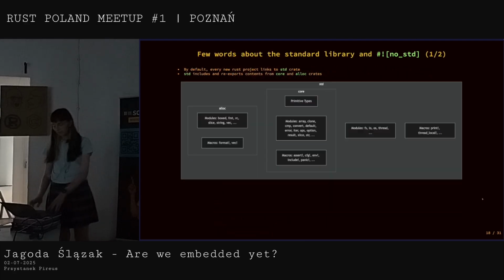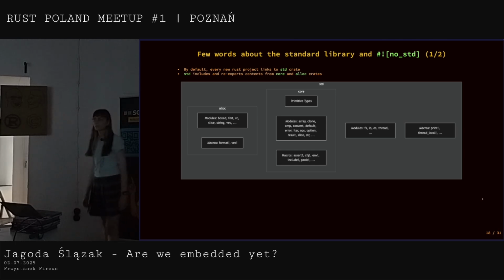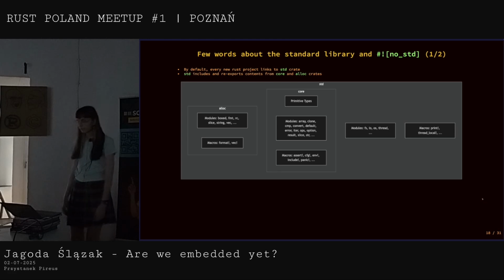And okay, now it's time for a few words about the standard library and the no_std attribute. By default, every new project links to the std crate. And std includes and re-exports the contents of core and alloc, and also some other stuff that is present only in std.